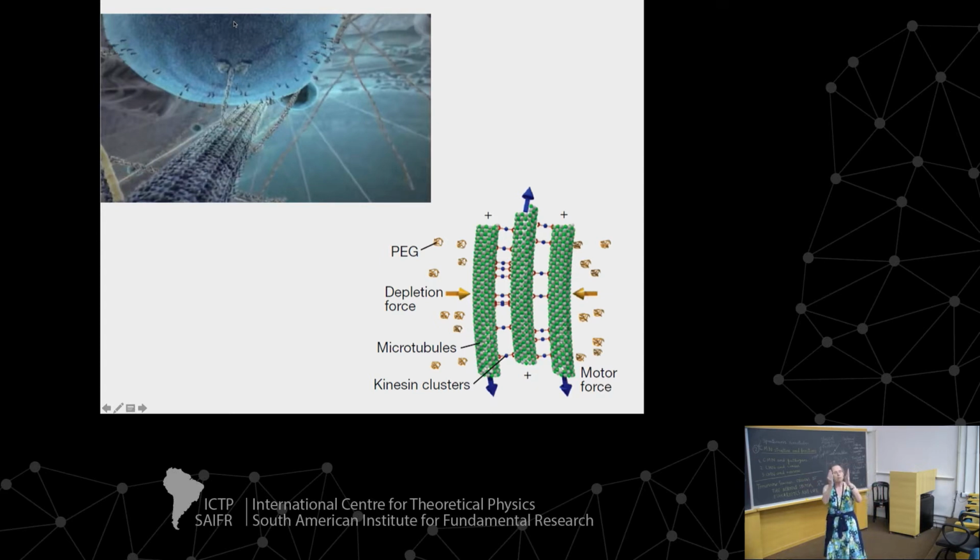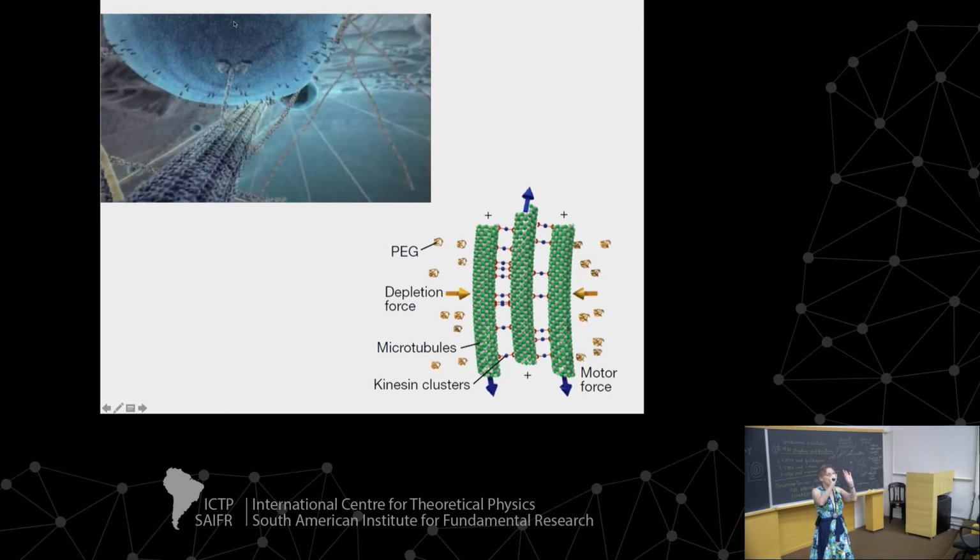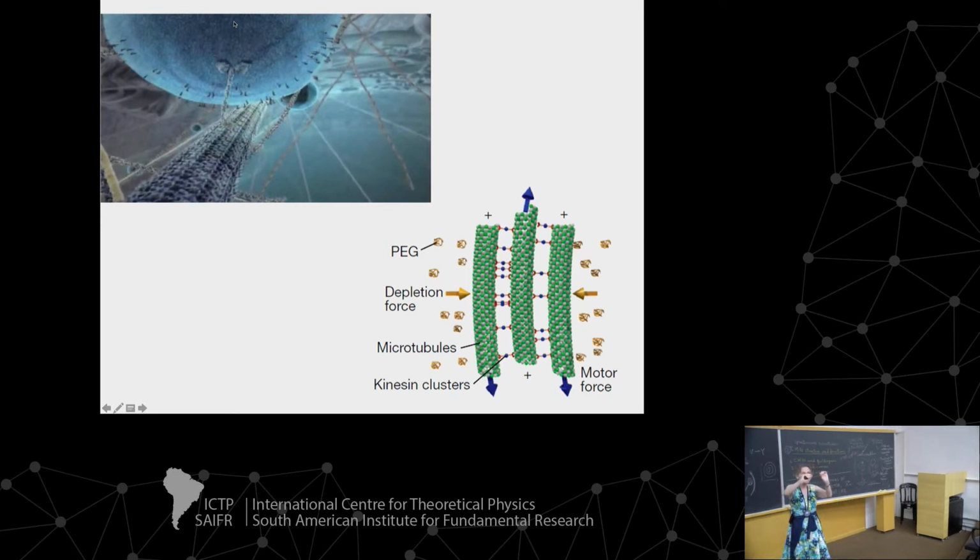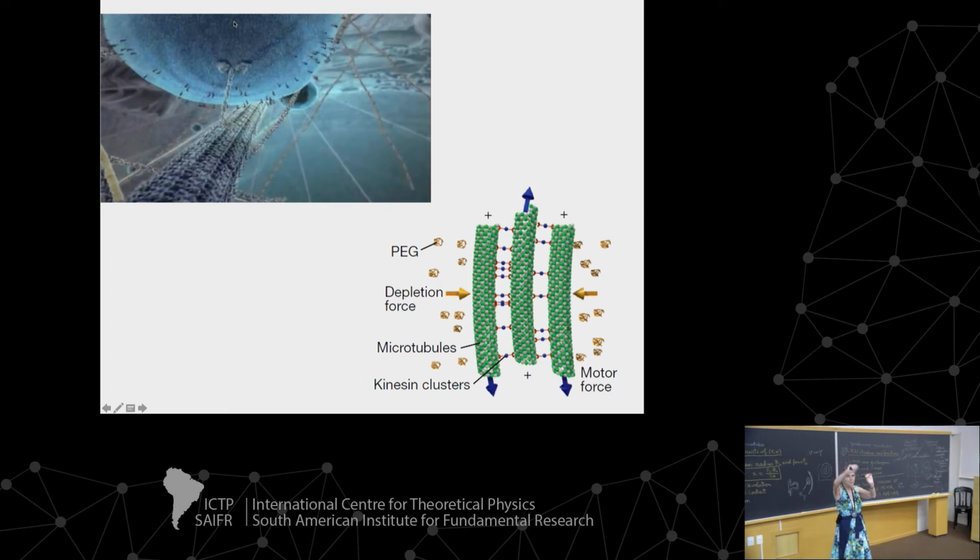So if a motor bridges 2 microtubules and both ends move in the same direction, absolutely nothing is going to happen. But if a motor bridges 2 microtubules and this end is moving upwards and that end is moving downwards, it will push the microtubules relative to each other, and it will tend to separate them out, really, so that all the ones going downwards will form a clump down here, and all the ones going upwards will form a clump up there. You get something called polarity sorting.